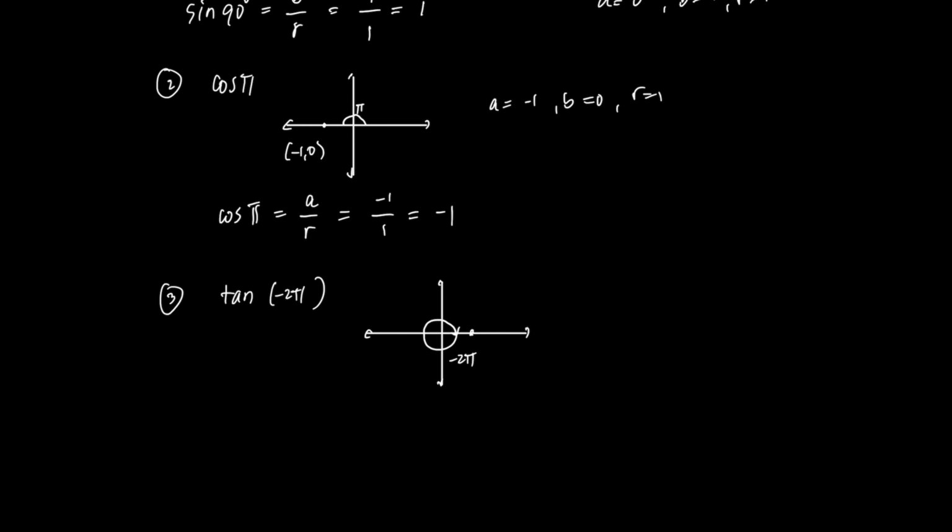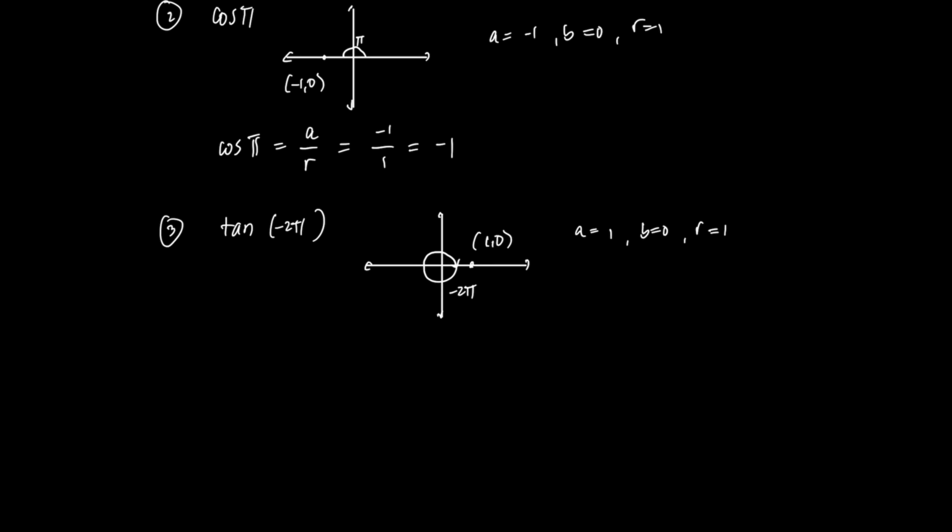So in this point, our (a, b) is (1, 0). So a is 1, our b is 0, and our r is 1. So therefore, our tan of negative 2 pi, which is b over a, and b is 0 and a is 1, so therefore our tan is 0.